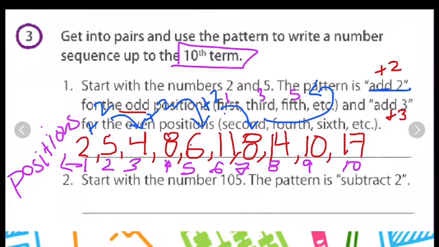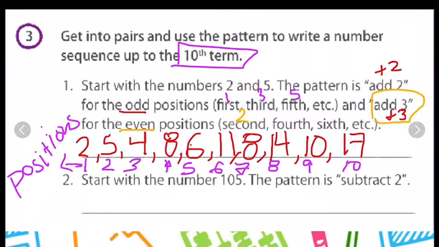Now on the even position, this is odd. So let's change this a little bit. On the even position, I'm going to add 3, and the even position will be color yellow. Even position, that will be second place, fourth place, sixth place.